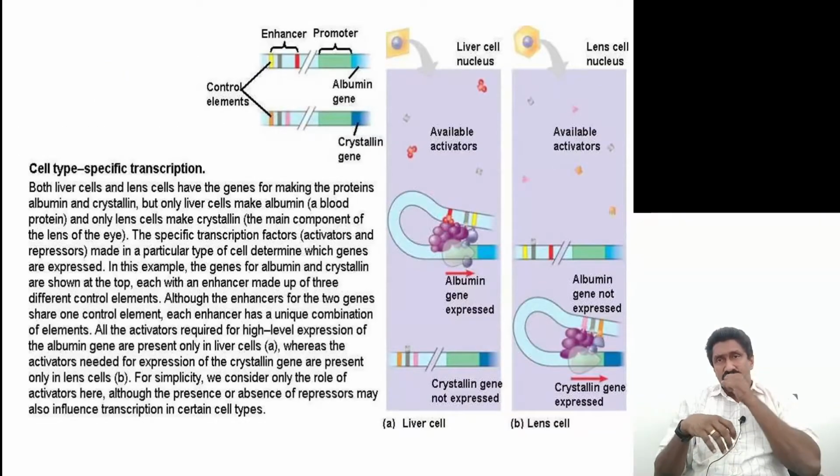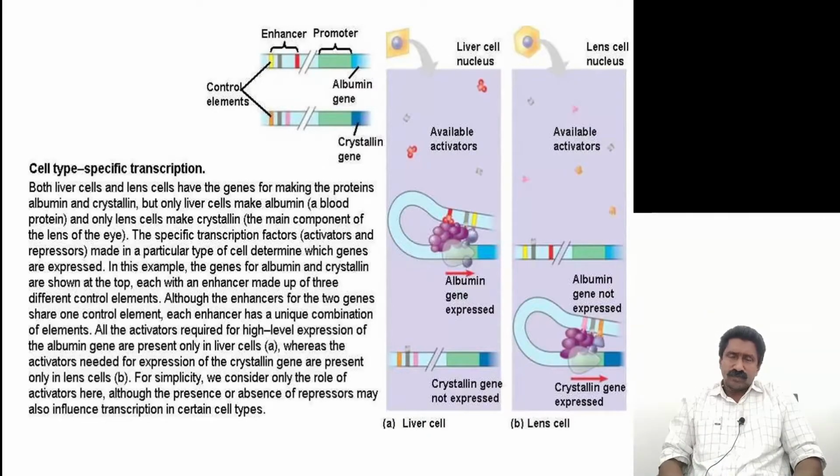Now this is about cell-specific gene transcription. Here we have two different cell types, liver cell and lens cell. There are the same control elements with the enhancer.